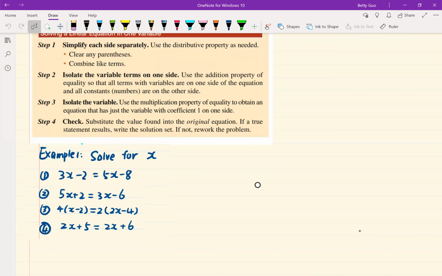So let's see number 1. We have 3x minus 2 equals 5x minus 8. As I mentioned on Tuesday, we have 4 terms in the equation.